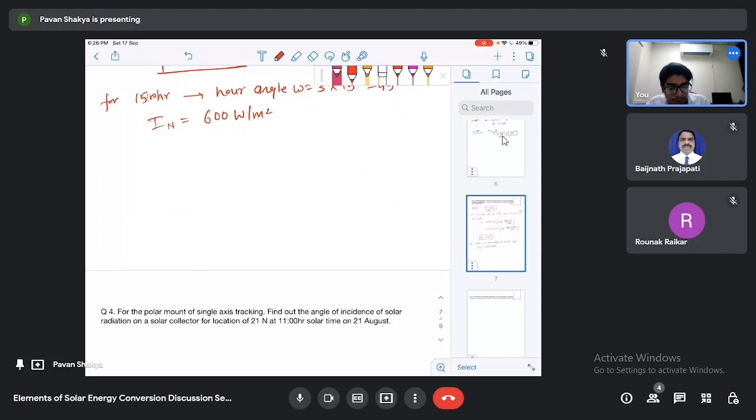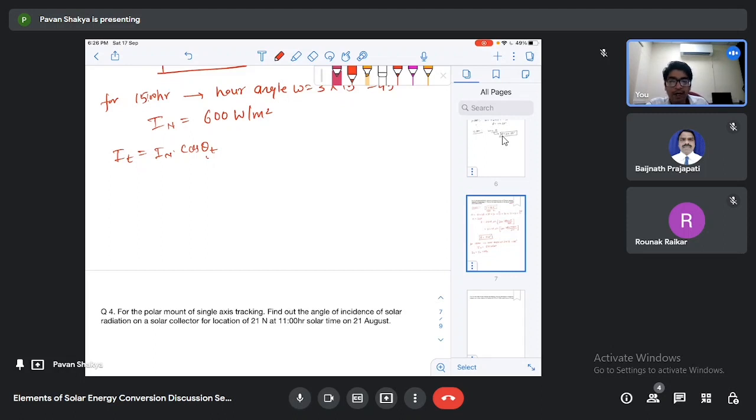So what is the formula for the beam intensity? It is given by IT equal to IN multiplied by cos of theta t, and this theta t is the tilt angle, the angle between the normal of the plane and the DNI.